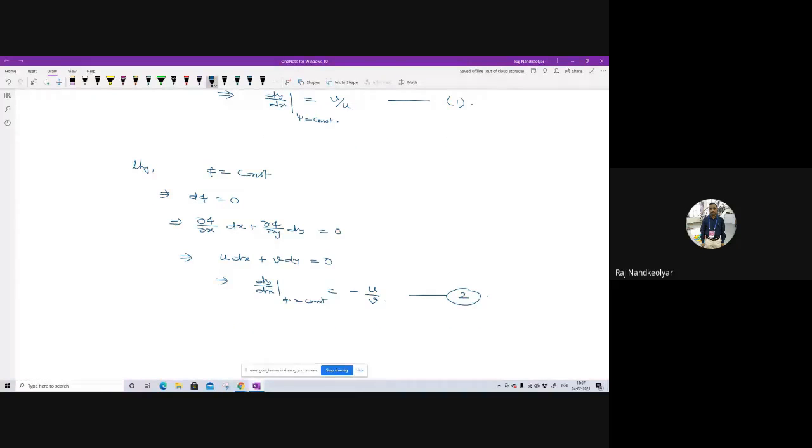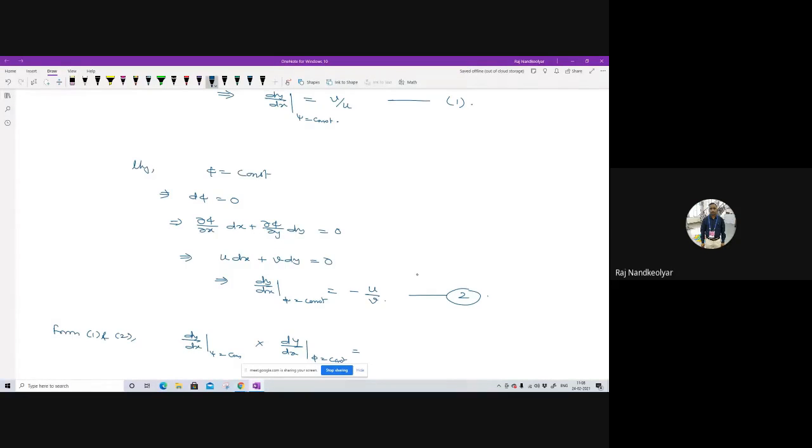So now what do you observe actually? What do you observe from equation 1 and 2? From 1 and 2, you have dy/dx of psi equal to constant multiplied with dy/dx of phi equal to constant equal to how much?